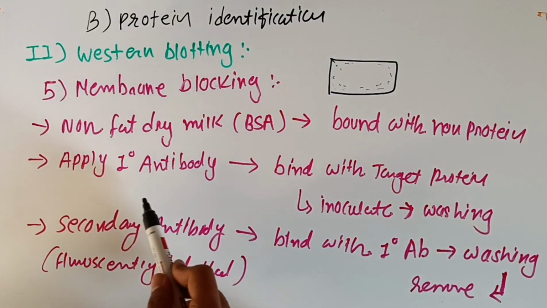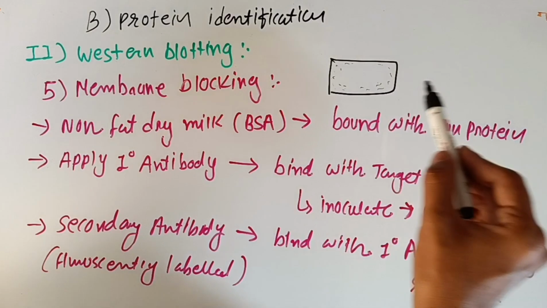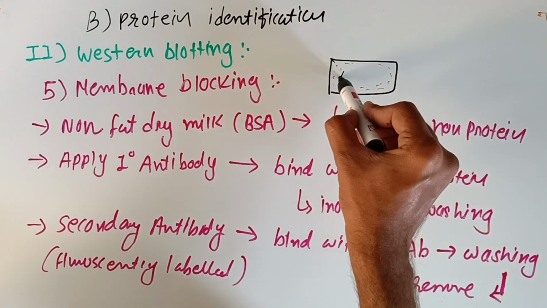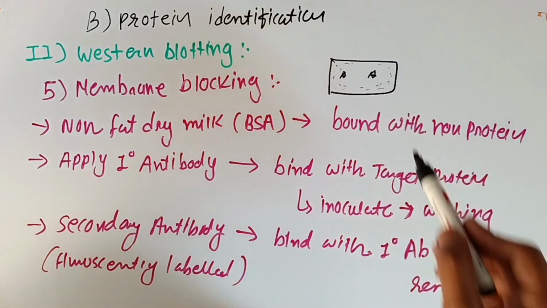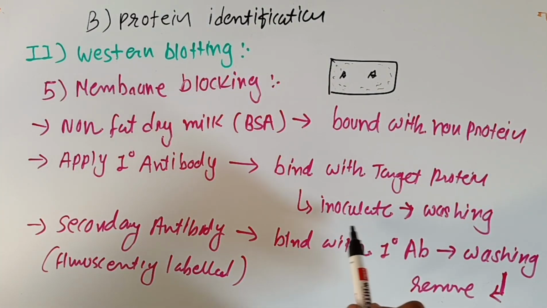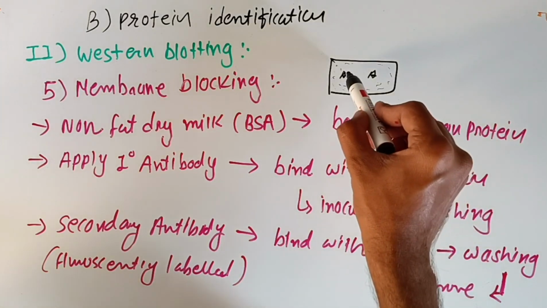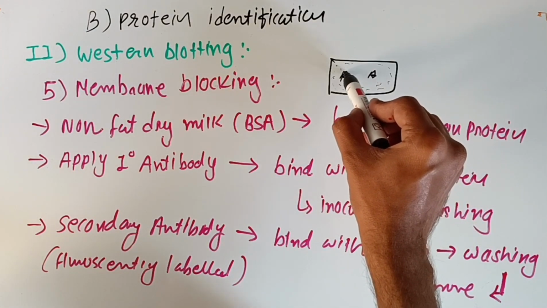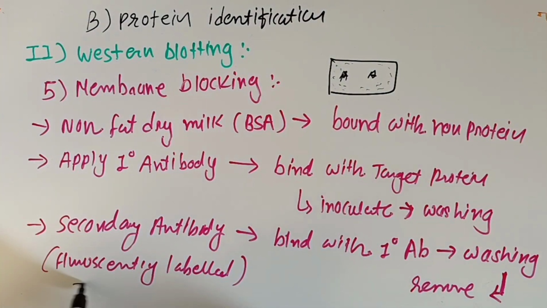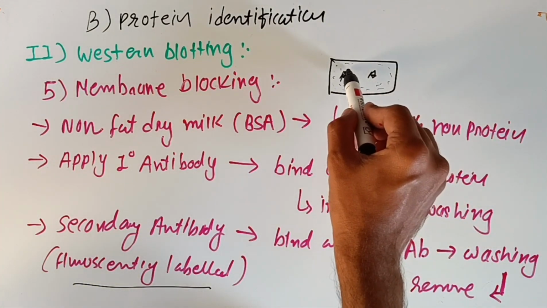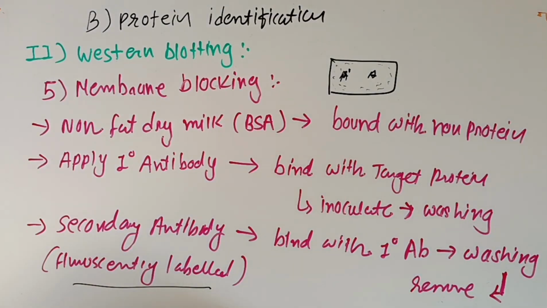Now the primary antibody is applied, which binds with the target protein. So here this target protein is there, and the primary antibody binds, and that is incubated and washed out. After that, the secondary antibody is applied, which binds with the primary antibody. So this is the primary antibody. The secondary antibody is fluorescently labeled, and it binds with this primary antibody.